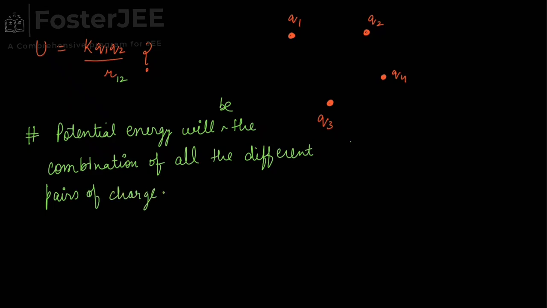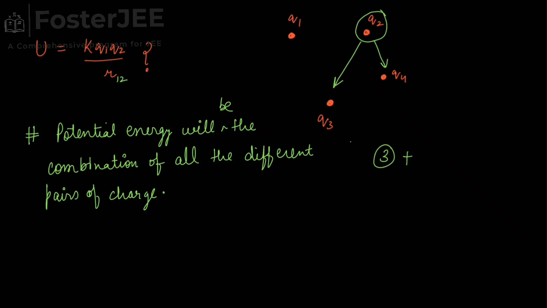What does this mean? This means that total potential energy of the system will be, first we have to choose this charge and calculate its interaction from these 3 charges. So the number of equations will be 3 due to the first charge, plus, now we have to take Q2 charge and its interaction with Q4 and Q3.